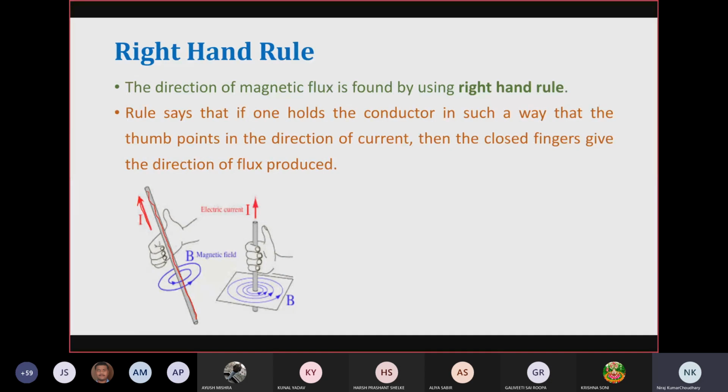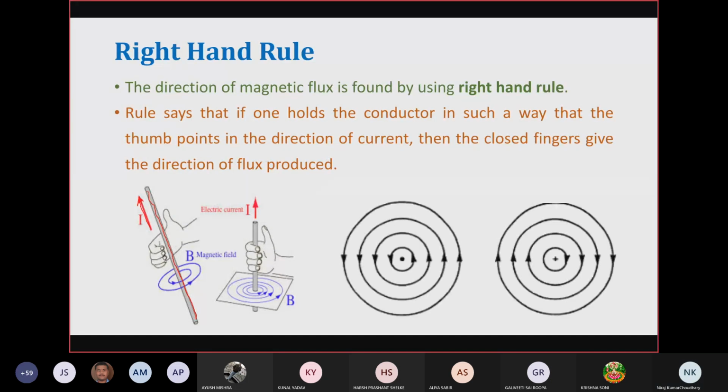So you can now think about these two cases, means when there are dot and cross. Dot means, as we just assumed, current is coming towards you, towards the reader. So put the thumb in the direction of the current, and you can see that this will be the direction of the flux, in the anti-clockwise direction.